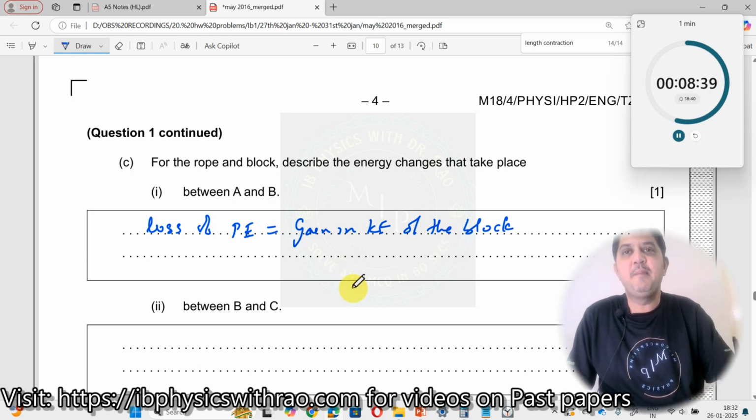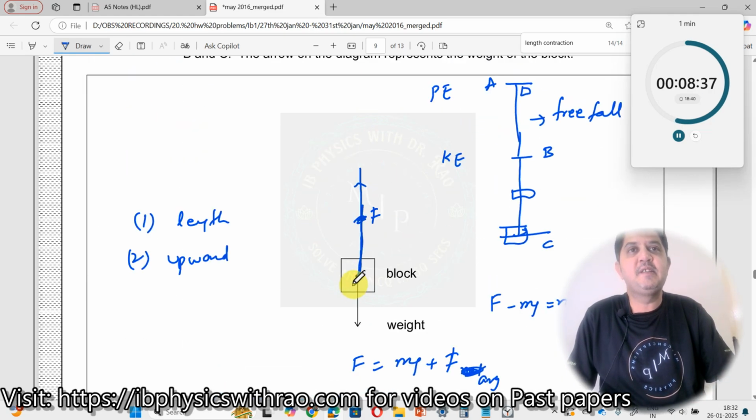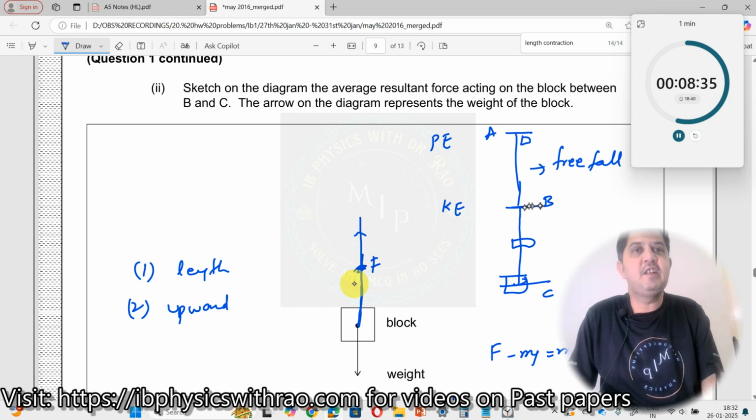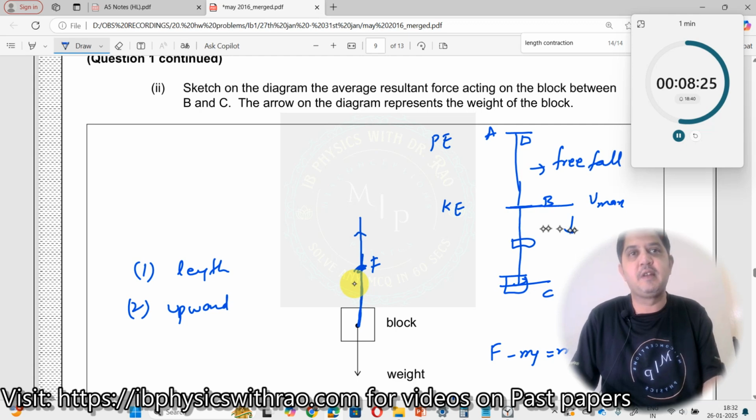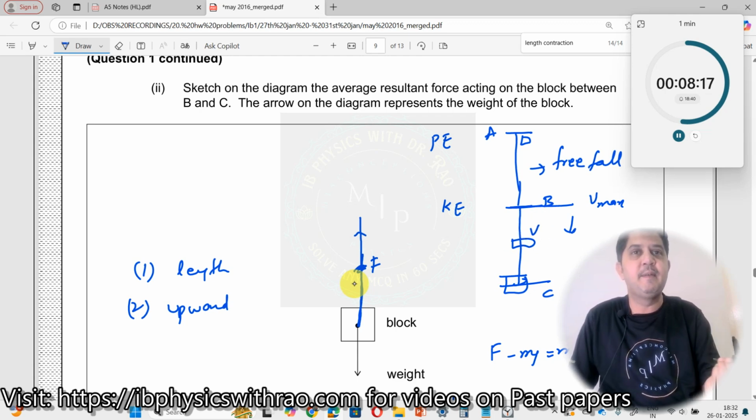Between B and C. What's happening between B and C? Here it had a maximum velocity. But when it started going downwards, because it did not stop here, what happened? The velocity started to reduce over here. You had a velocity, but this was lesser than that one, which means it is losing some kinetic energy also. So it is losing potential energy, it is also losing kinetic energy, but what is increasing?